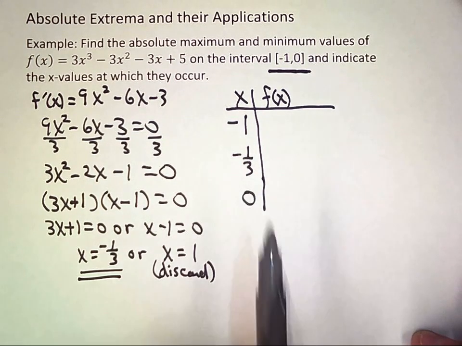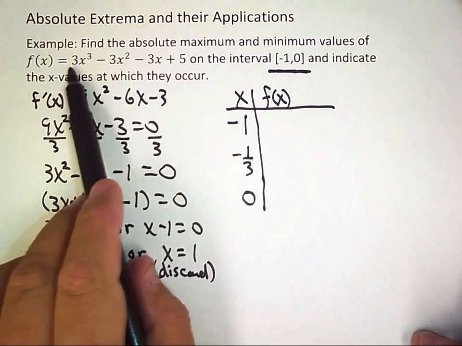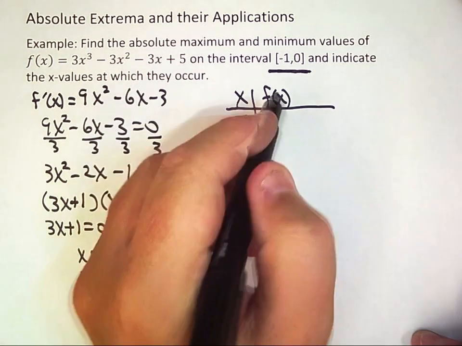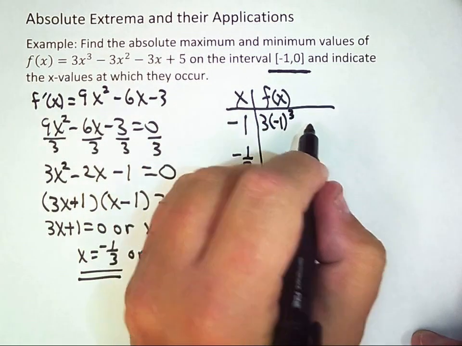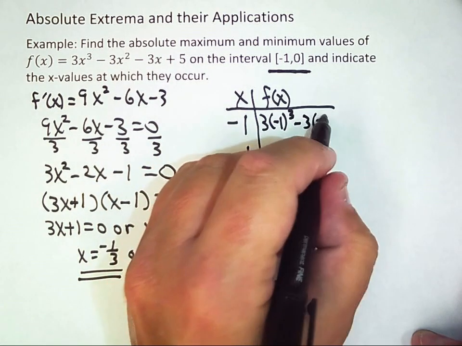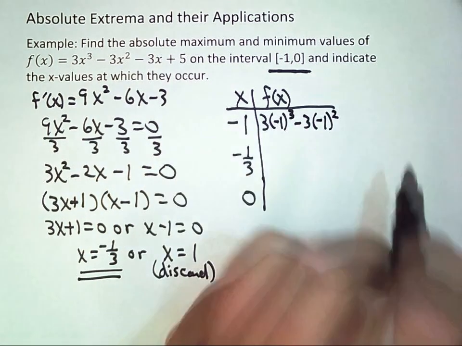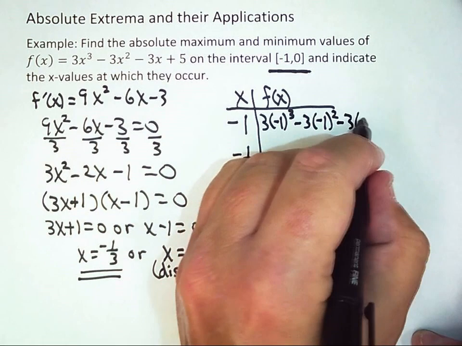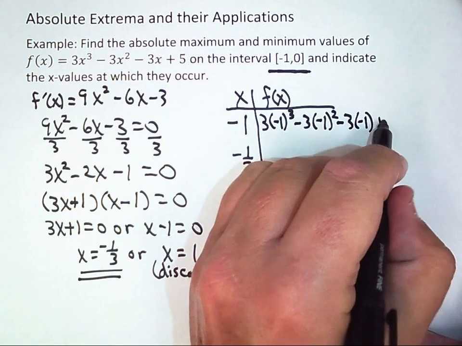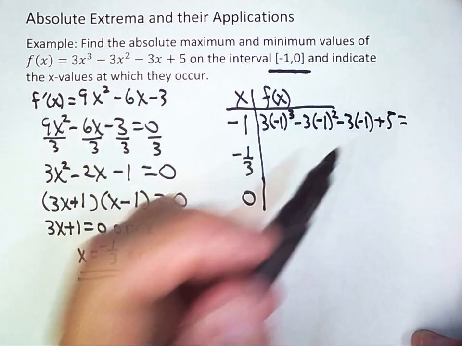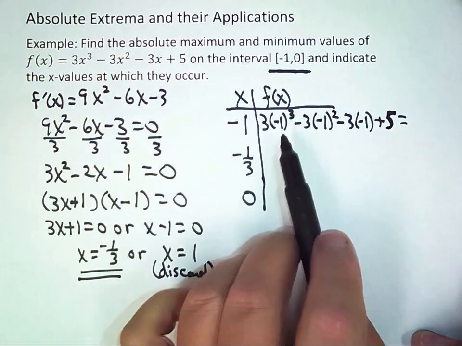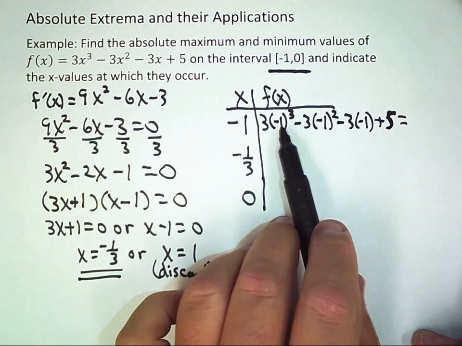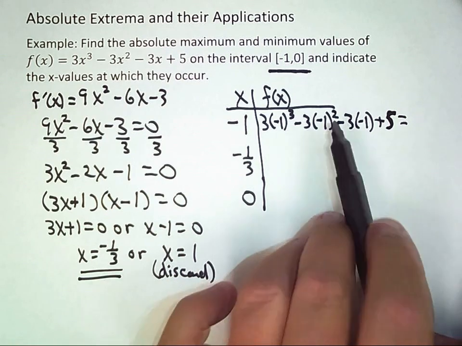the absolute minimum. So if I take -1 and plug it back into this function, I get 3 times -1 quantity cubed minus 3 times -1 quantity squared minus 3 times -1 plus 5. Now let's see if I can do some of this arithmetic in my head and save a little space. -1 cubed is -1, so -1 times 3 is -3.